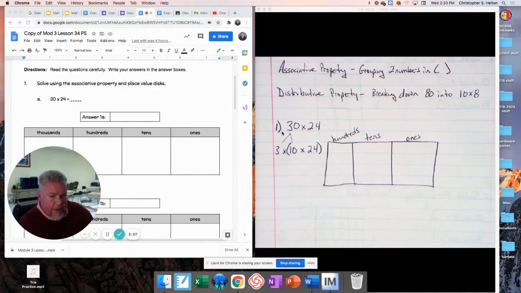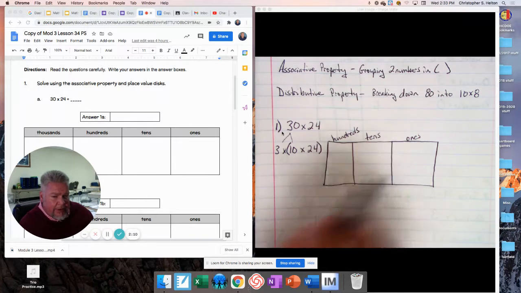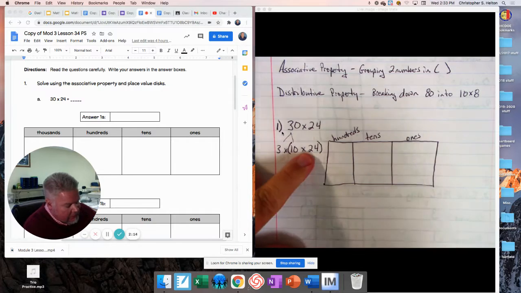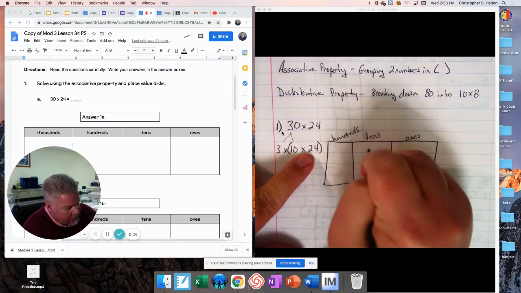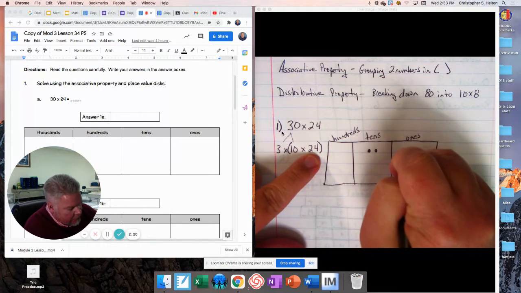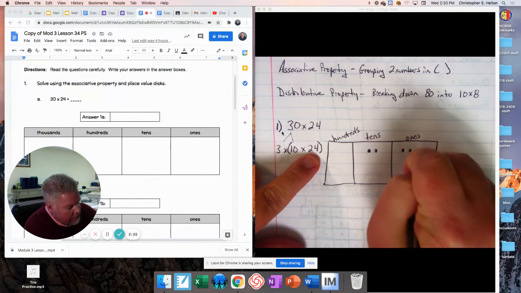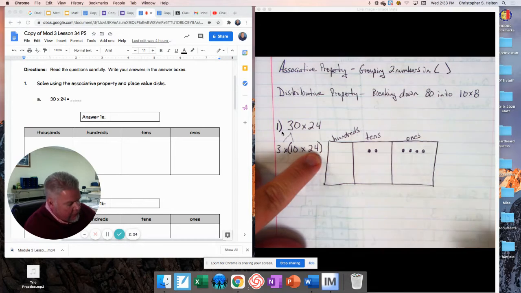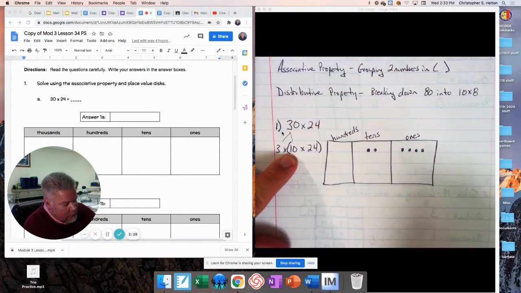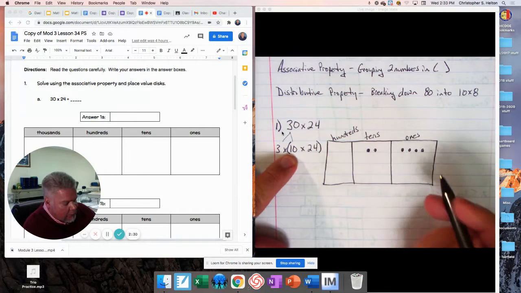So what we're going to do first is over here on our place value chart, we're going to represent 24. And that would be 2 tens and 4 ones. But we're multiplying it times 10. That means we're shifting it to the left one place value.